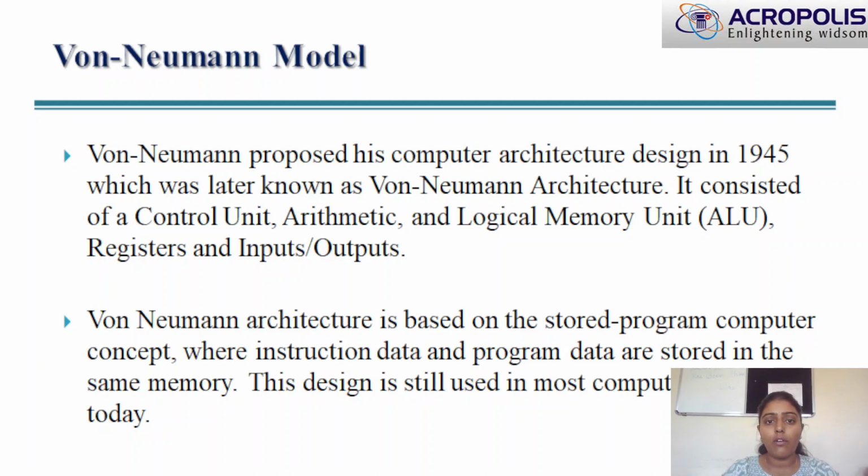It consisted of a control unit, arithmetic and logic unit, that is ALU, memory, registers and input outputs. Von Neumann architecture is based on the stored program computer concept, where instruction data and program data are stored in the same memory. The design is still used in most computers produced today.